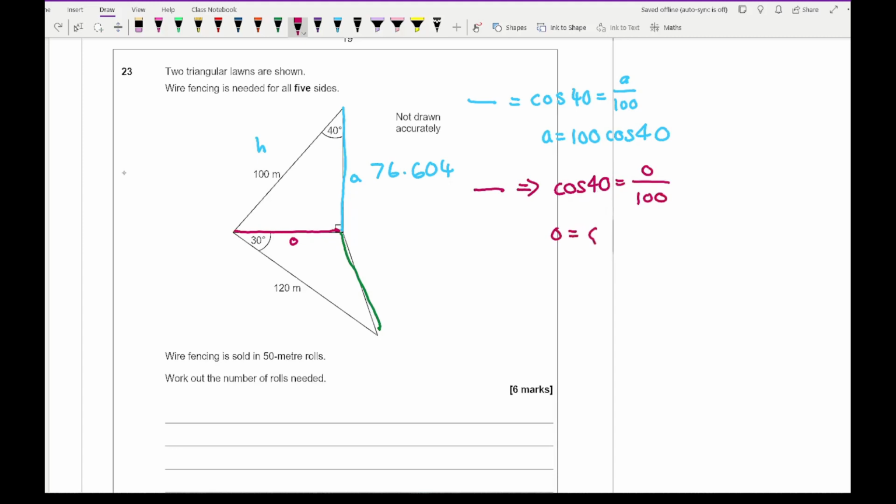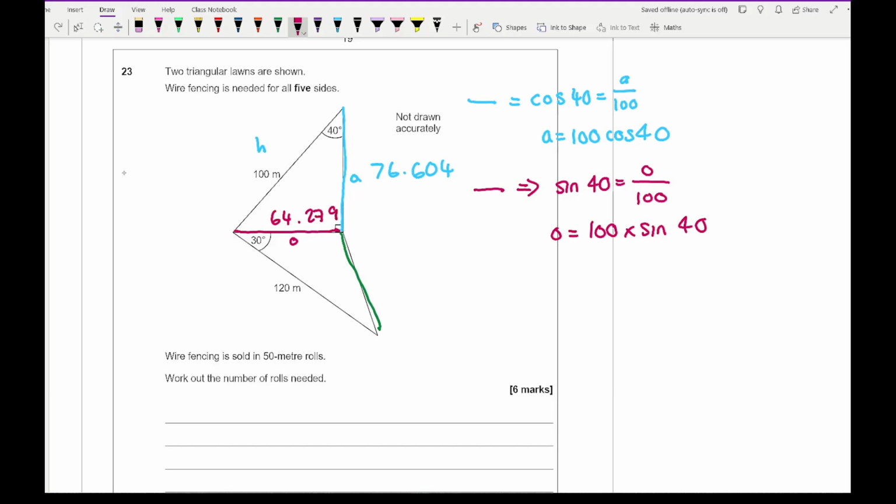So O equals 100 times sine 40, and we get an answer of 64.279.